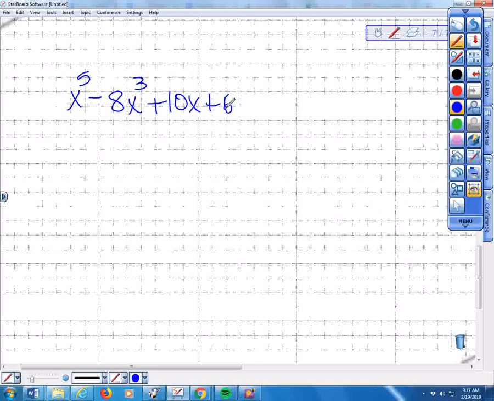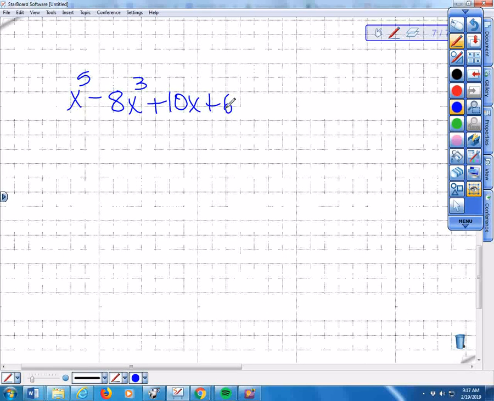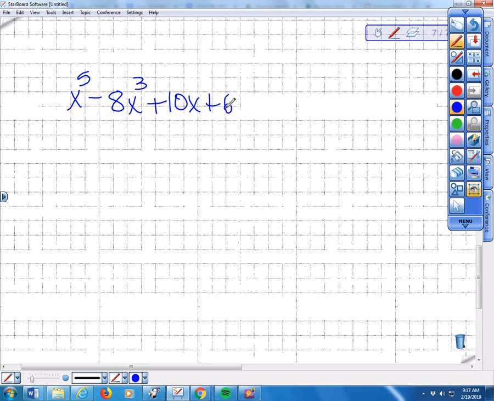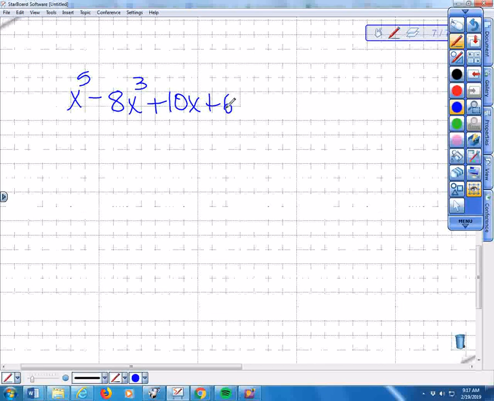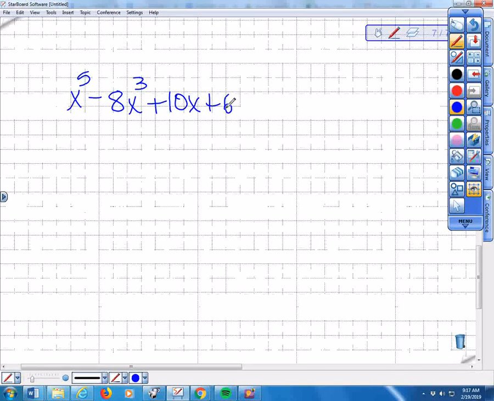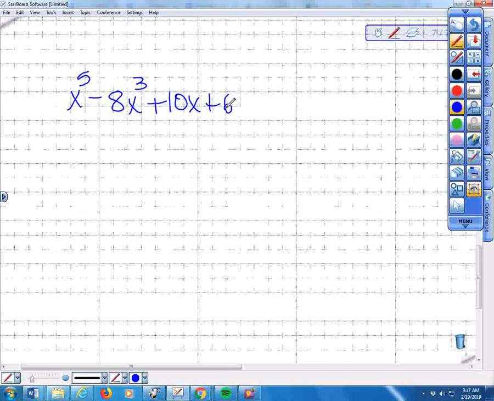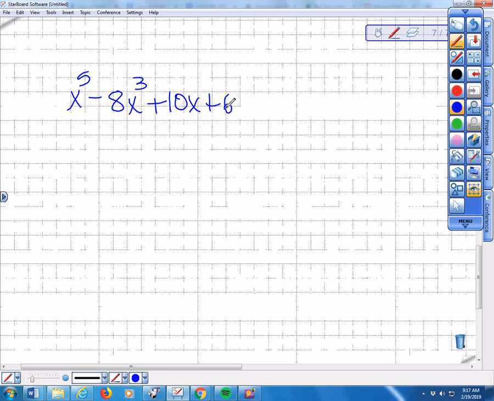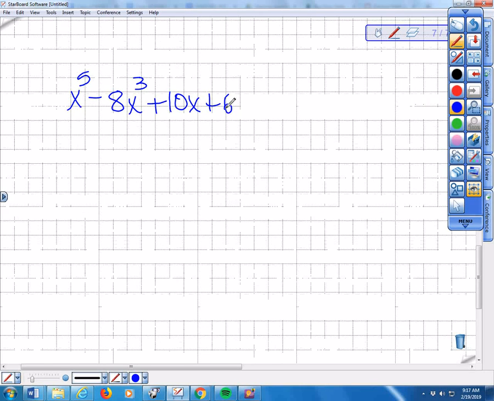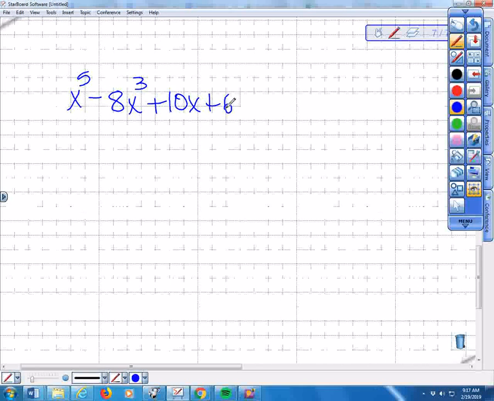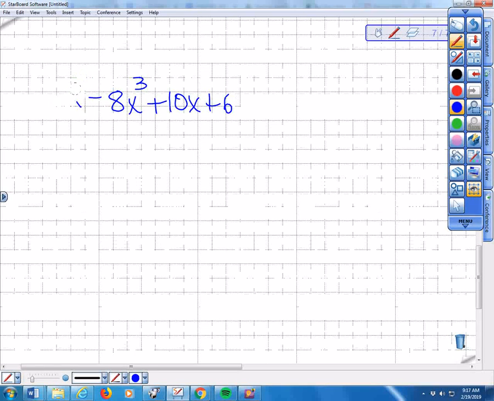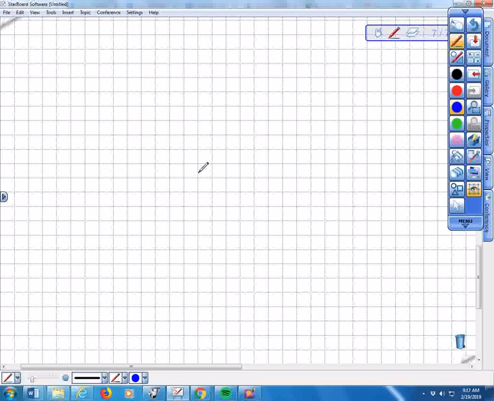Yep, it's going to be like that. If I'm not given any zeros, how could I figure out some? Yep. My possibles are plus or minus 1, 2, 3, and 6. I want to make sure I get one that's actually got zeros that are integers. So I'm going to pick a different one just to illustrate this.